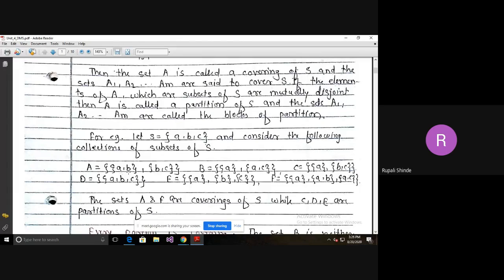The first set contains AB, the second one contains BC. So here element B is common between these two sets. So we cannot say that this one is mutually disjoint. So this is only a covering of the given set and not a partition. So this is the concept of partition and covering.